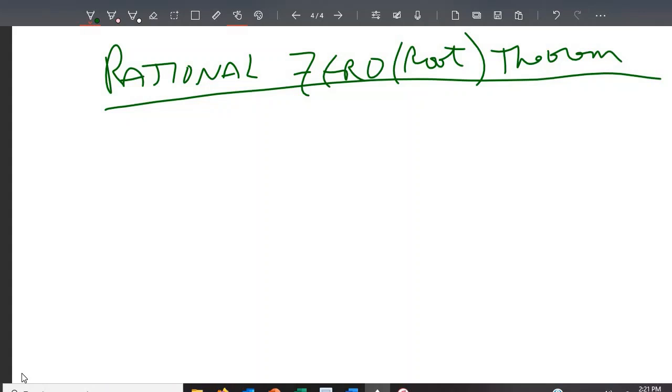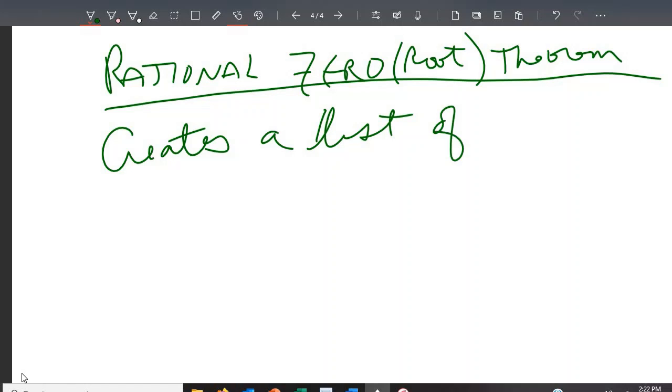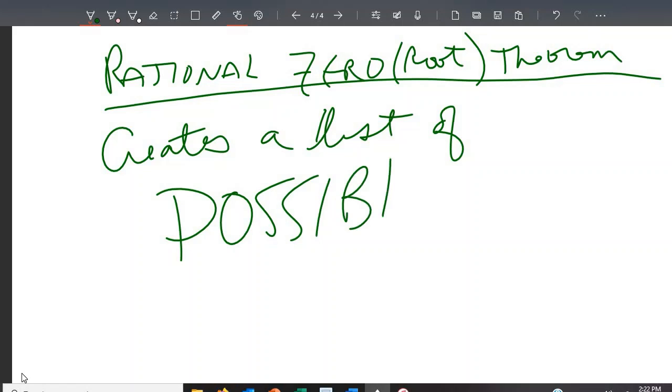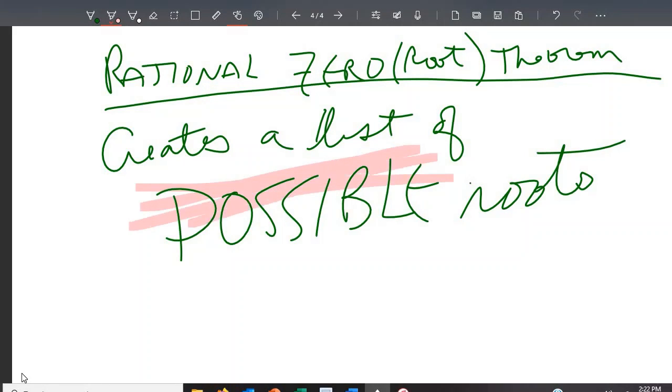What the rational root theorem does is create a list of possible roots. And highlight that word possible. That doesn't mean they are roots. It means this could be.